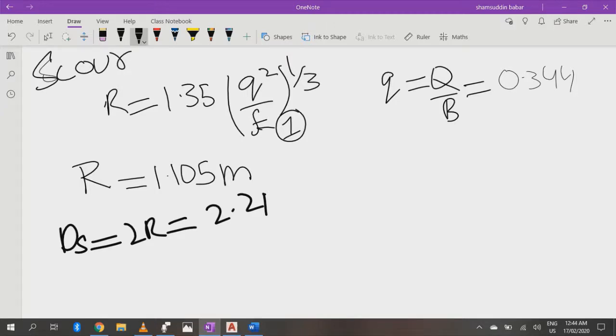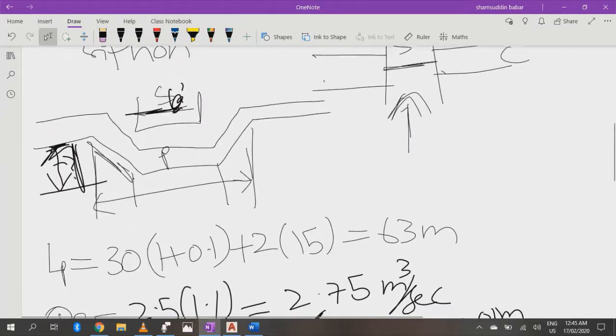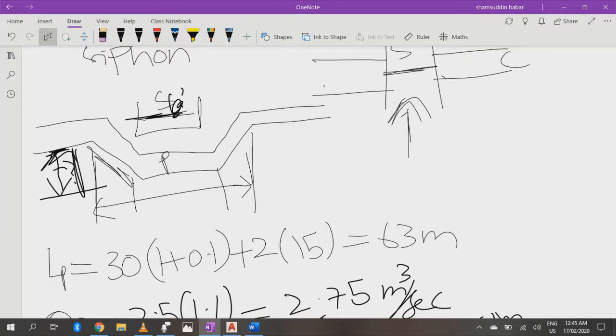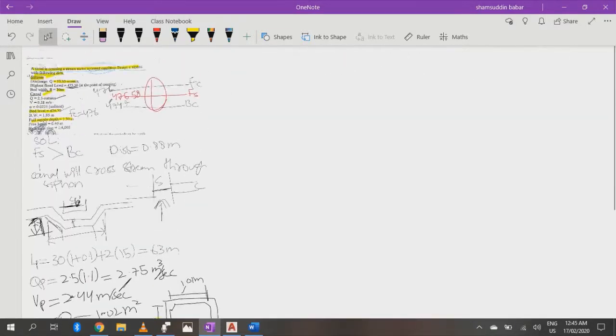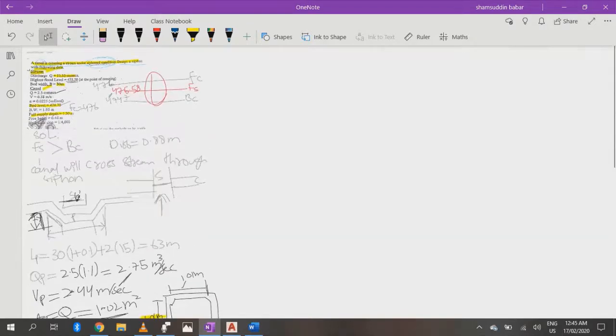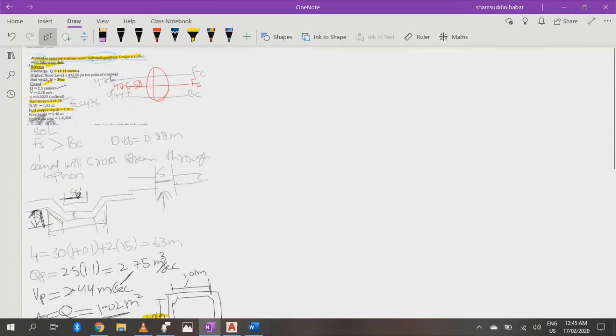So we can say that the barrel will be so that this shape will be at the bed level. We can say that the siphon will be shifted about 2.21 meter below the bed level. Okay, so this was the complete concept of this design, but there is much more for it.